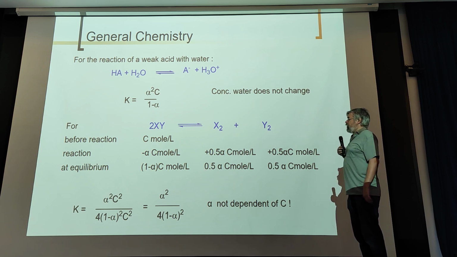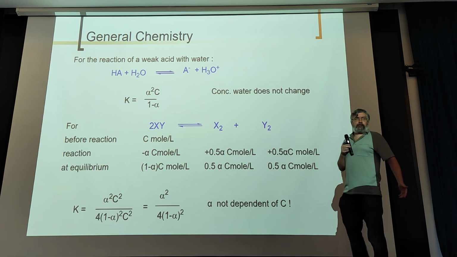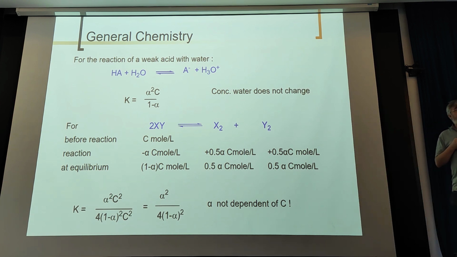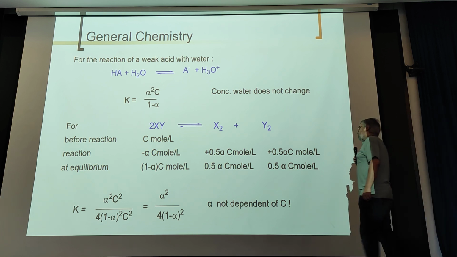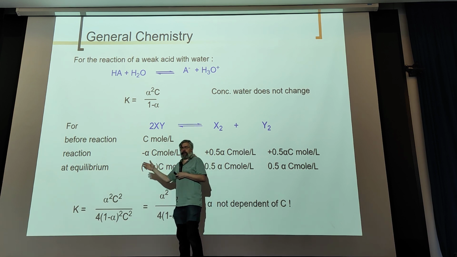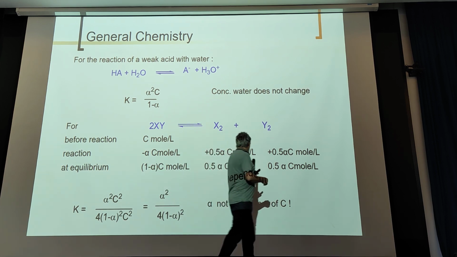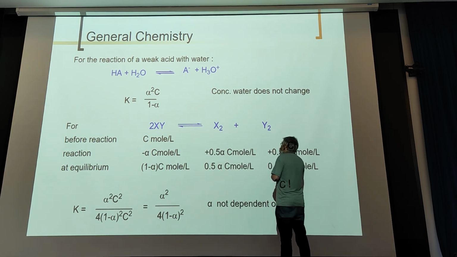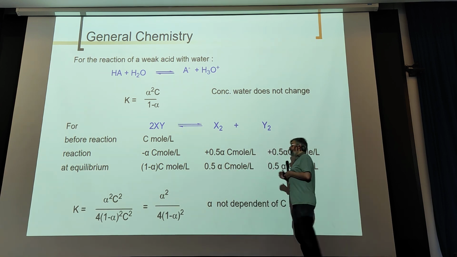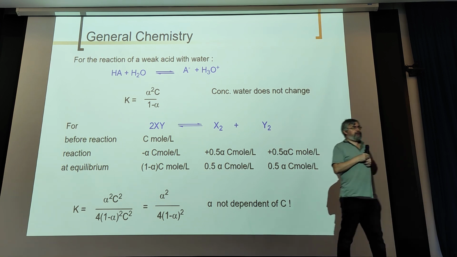Here we have a kind of interchange of 2 groups X and Y. We have a heteronuclear compound, 2 XY, going to X2 and forming also Y2. Again, after the reaction, 1 minus alpha concentration. Then that means we get half of that formed, half of the alpha concentration.